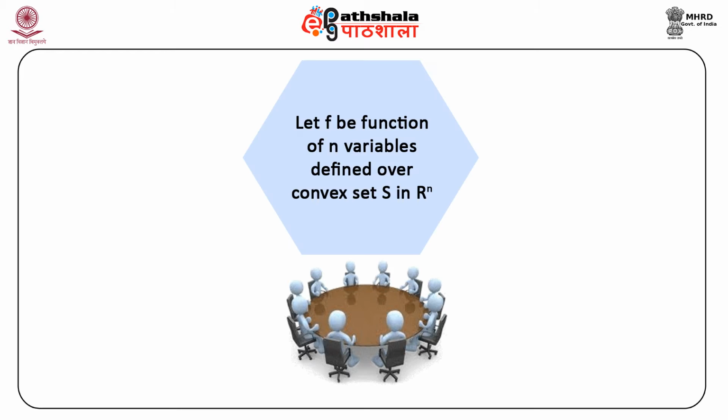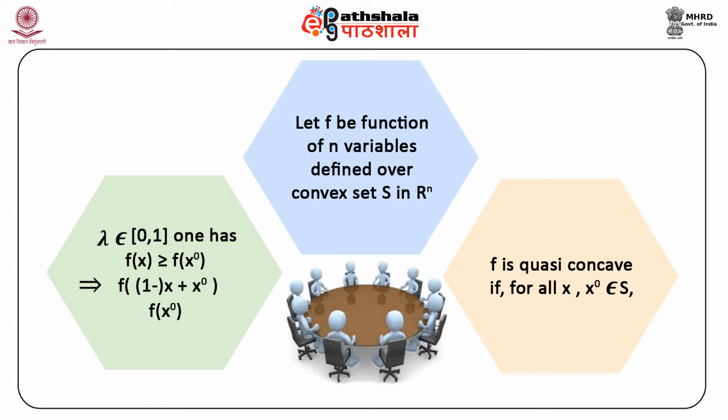Theorem. Let f be a function of n variables defined over a convex set S in R^n. f is quasi-concave if and only if, for all x belonging to S and all lambda belonging to (0, 1), f(x) greater than or equal to f(x0) implies the inequality.